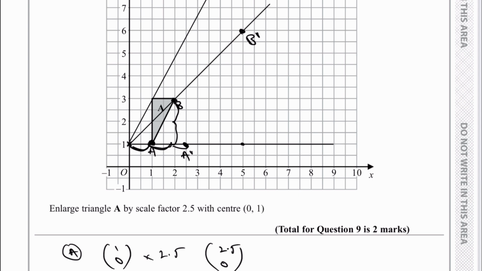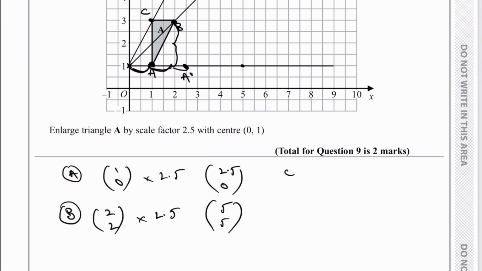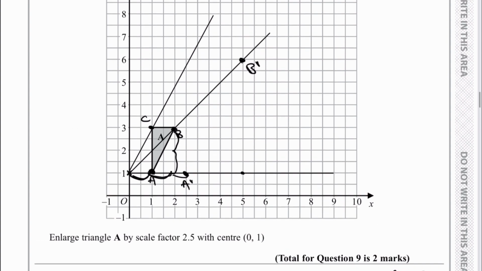Okay, let's move on then to point C, which is this one here, and that's a vector of 1, 2. Hopefully you can follow this along. I'm going to multiply that by 2.5, and that's going to give my new location of 2.5, 5. So that's going to be along 2.5 and up 5 jumps.